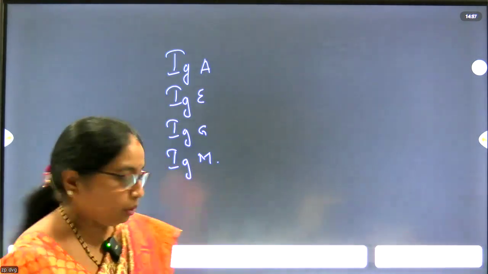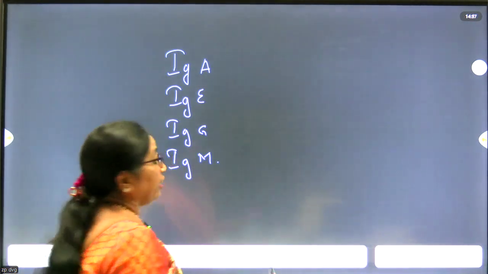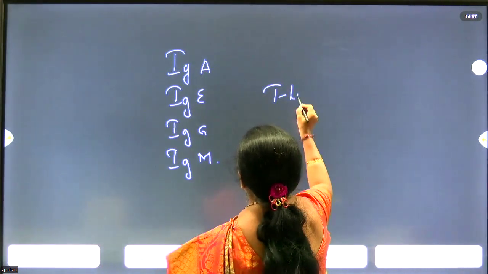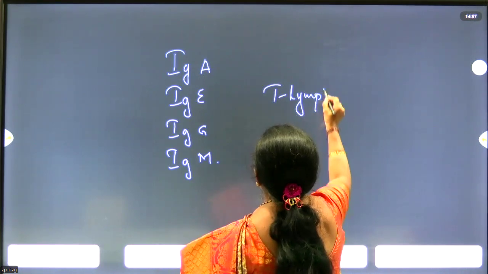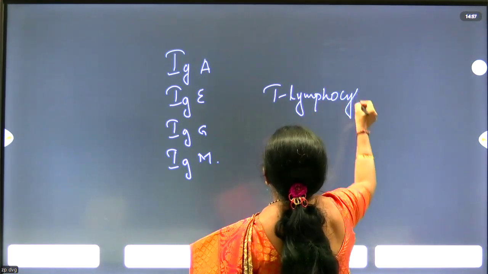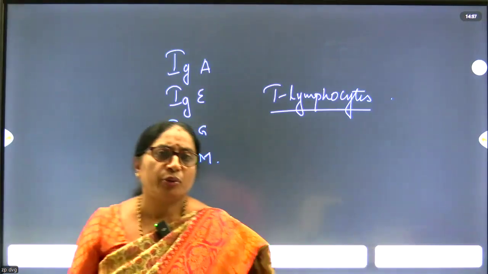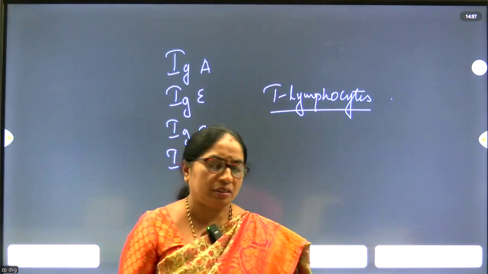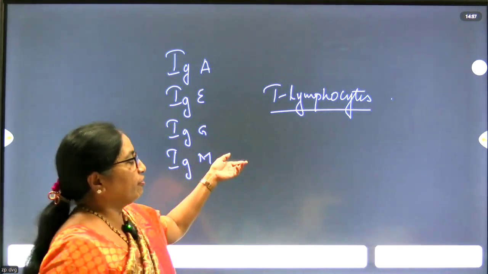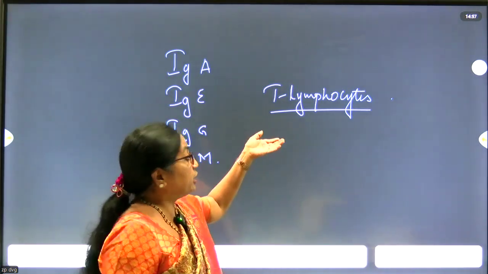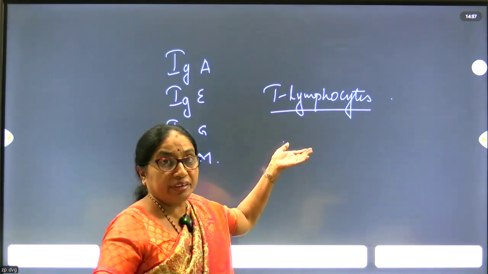Moving on to another thing, I would like to tell something about the T lymphocytes. Very important from our NEET point of view or the competitive point of view. During any organ transplantation, there are possibilities of organ rejection.